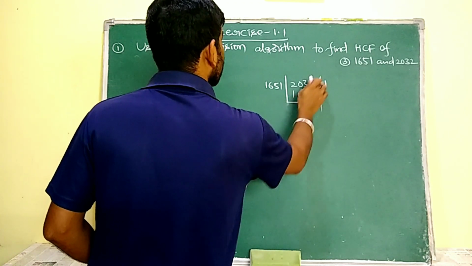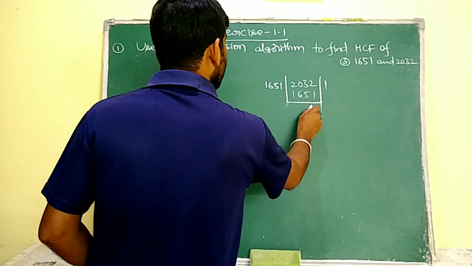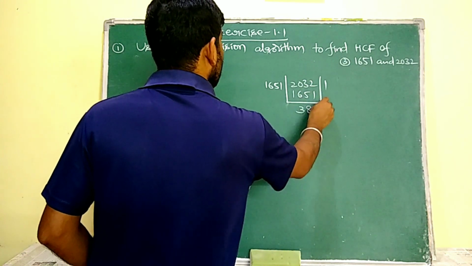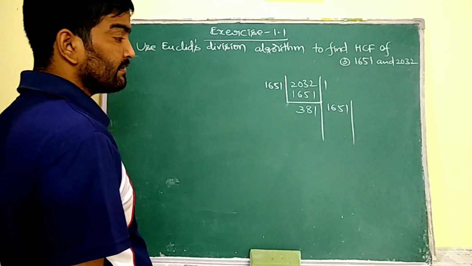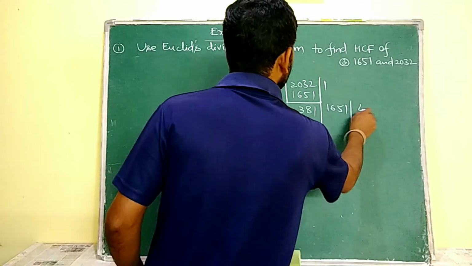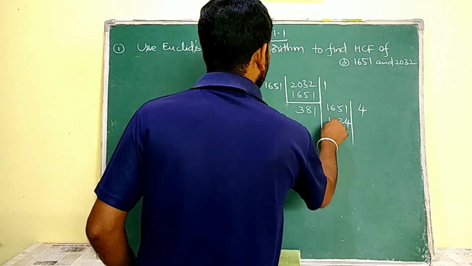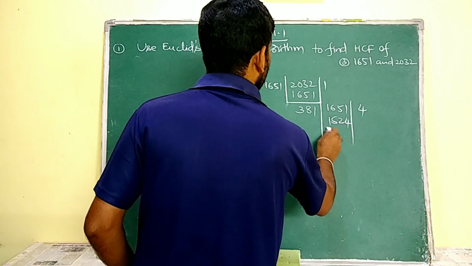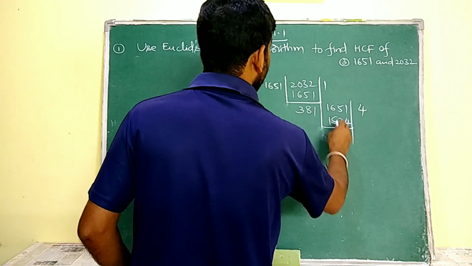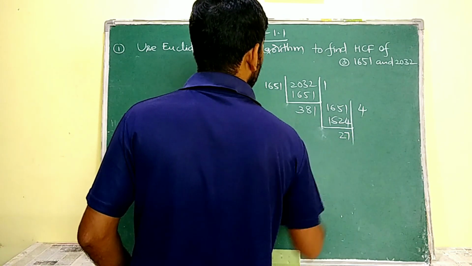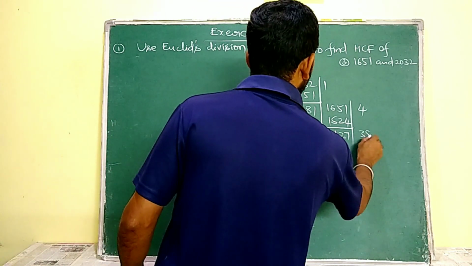By subtracting, 2 minus 1 is 1, 13 minus 5 is 8, 9 minus 6 is 3. So we get 381. 1651 divided by 381: 4 ones are 4, 4 eights are 32, 3, and 4 threes are 12 plus 3 is 15. By subtracting, 11 minus 4 is 7, 4 minus 2 is 2, and 6 minus 5 is 1, giving 381.